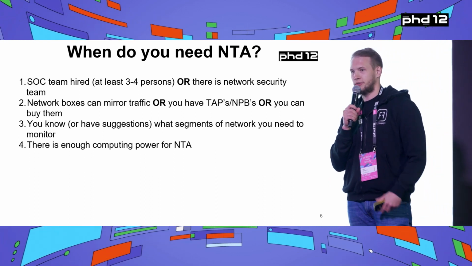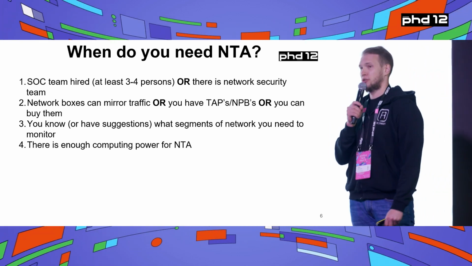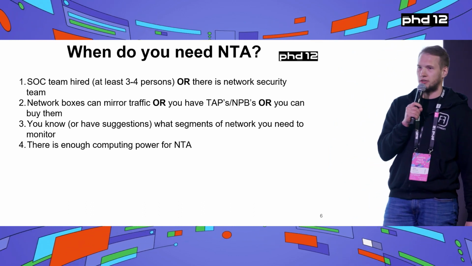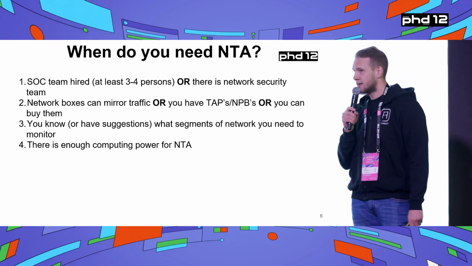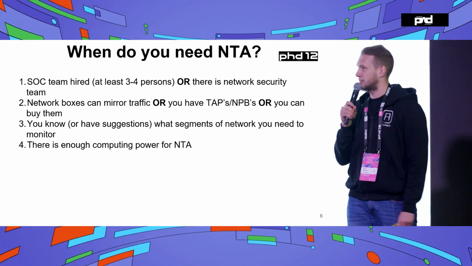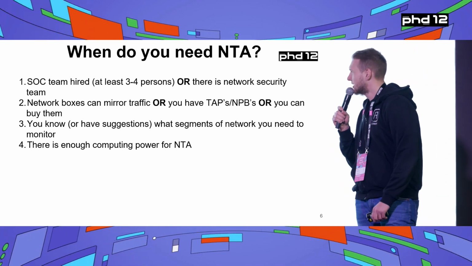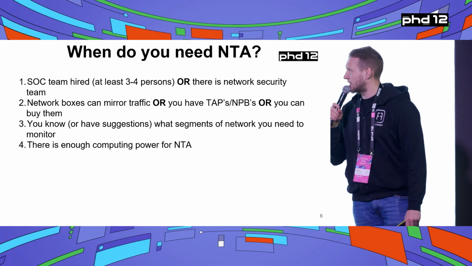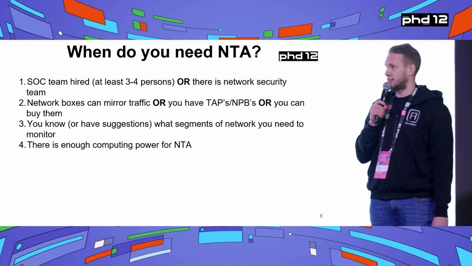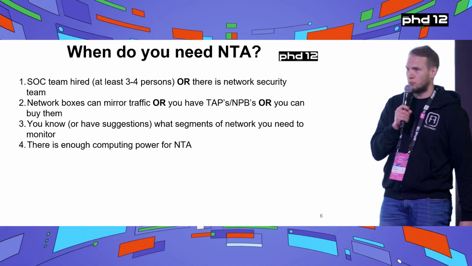The point is that you have to know, or at least you may assume, what can be analyzed there. What elements of the network are most critical. Without that, it would be too costly to analyze the whole network, and hence you will need a lot of capacity for NTA.